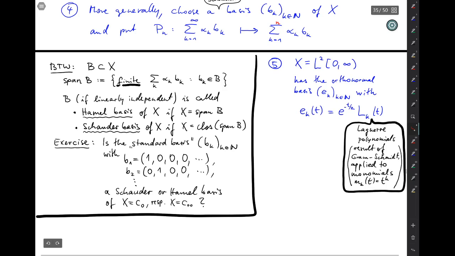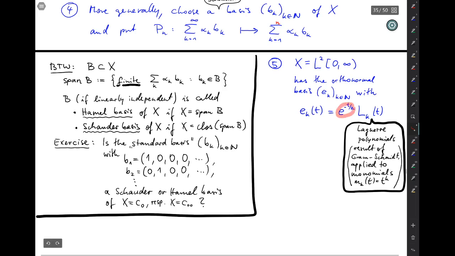Okay, and L_k is a polynomial of order k, so there's something to do with t to the power of k. So you know that when t goes to infinity, this will go to infinity, and quite heavily if k is large. And for this to be a function in L2, you need this decay towards infinity.